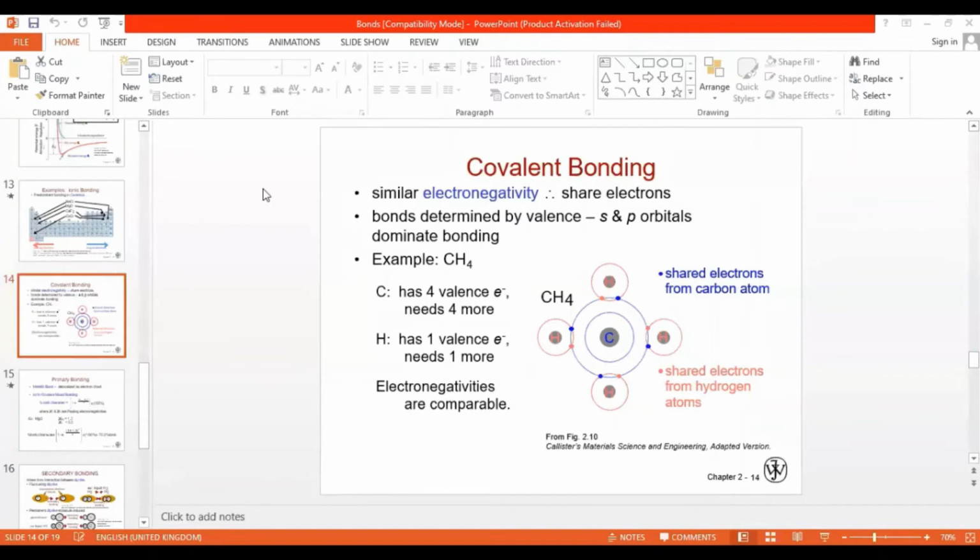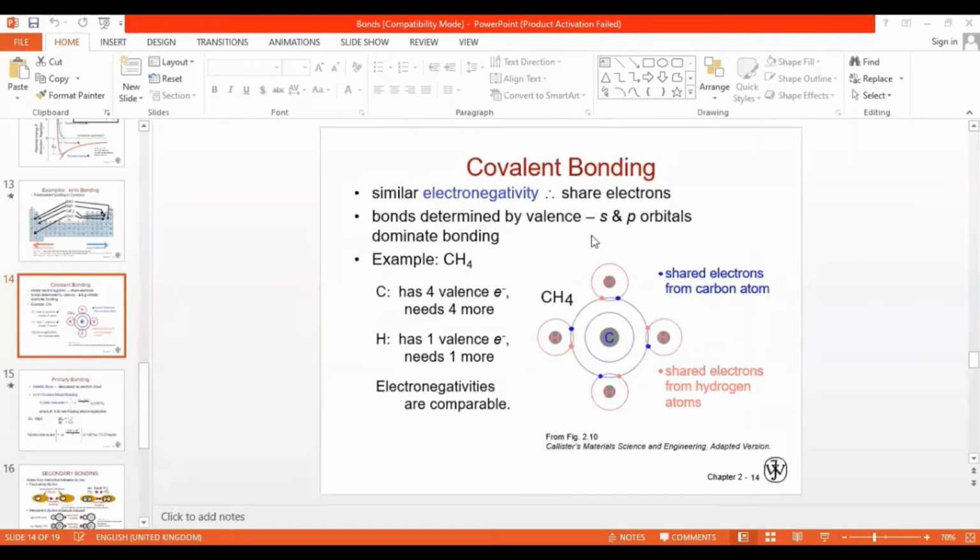I told you that for an ionic bond to occur, we need the electronegativity difference to be a little bit high. But in the case of a covalent bond, it need not be that high. Even similarly electronegative elements can form covalent bonds, therefore sharing electrons.